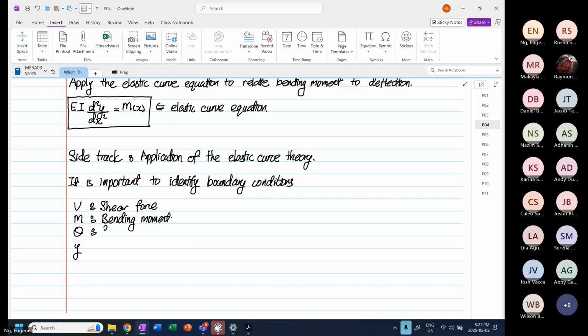Theta is the slope of deflection. And Y is the deflection. So we have V, M, theta, Y, and always in this sequence.